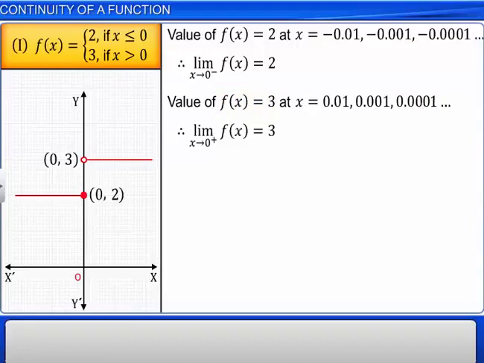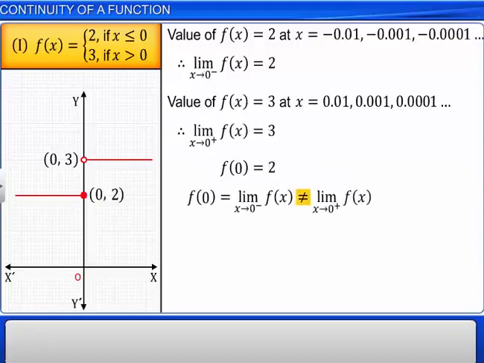The value of f at x equal to 0 is 2. Observe that the left-hand and right-hand limits do not coincide. Also observe that the value of f at x equal to 0 coincides with the left-hand limit. Therefore, the function is not continuous at x equal to 0.